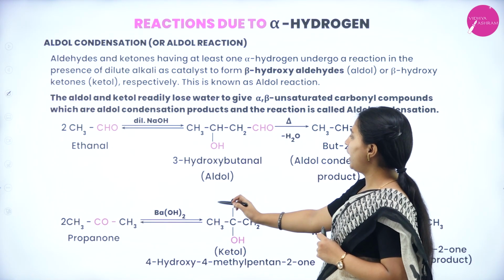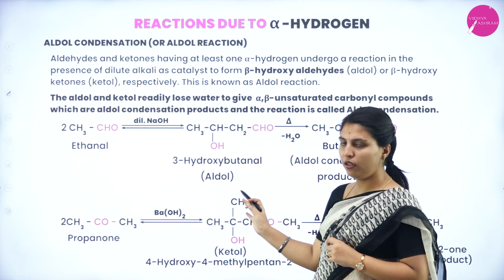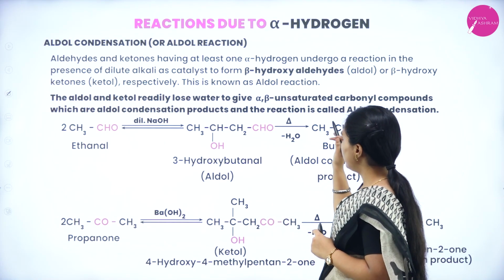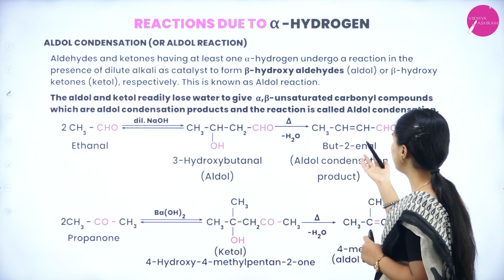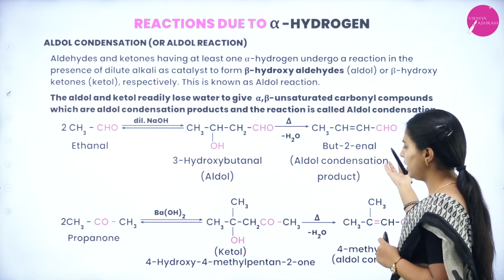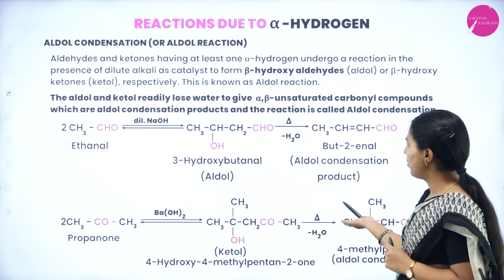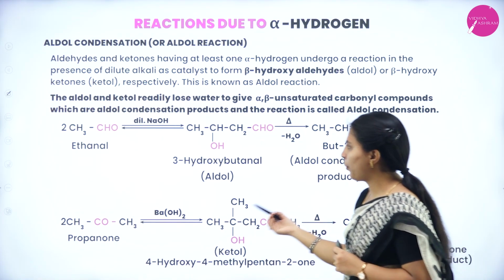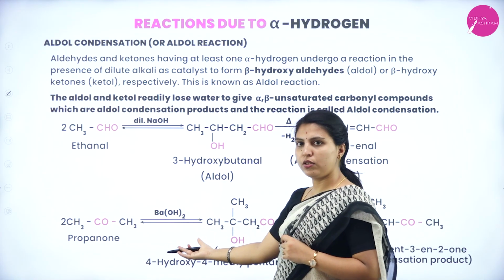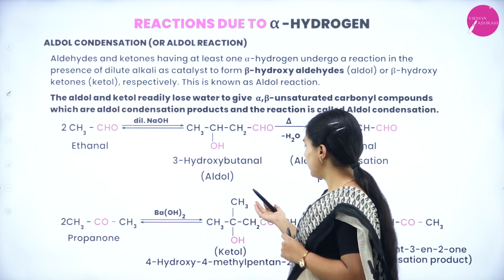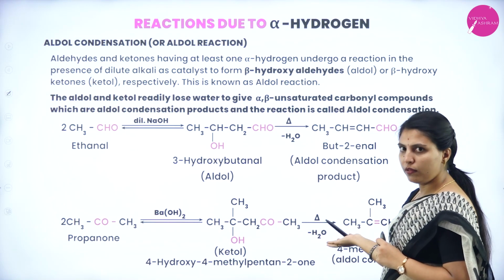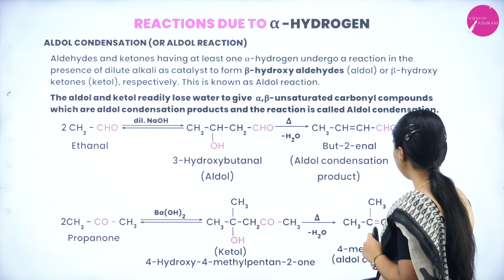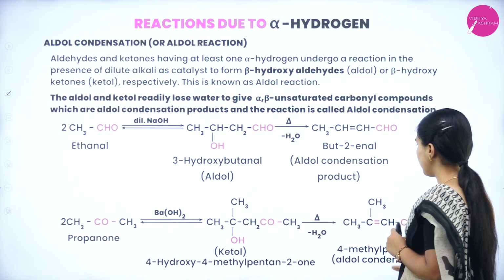It forms 3-hydroxybutanal, called aldol, and it readily loses a water molecule to give but-2-enal, the aldol condensation product. Here propanone in the presence of barium hydroxide gives a ketol, and after losing water it readily forms the aldol condensation product.